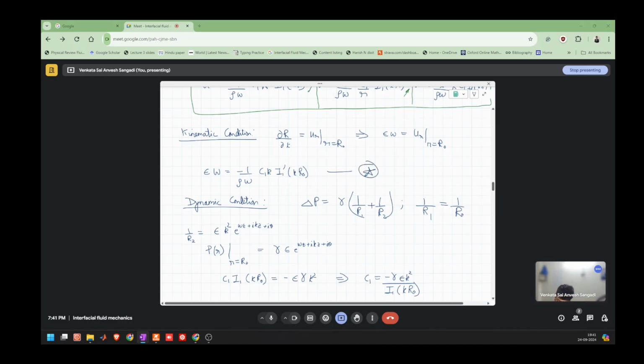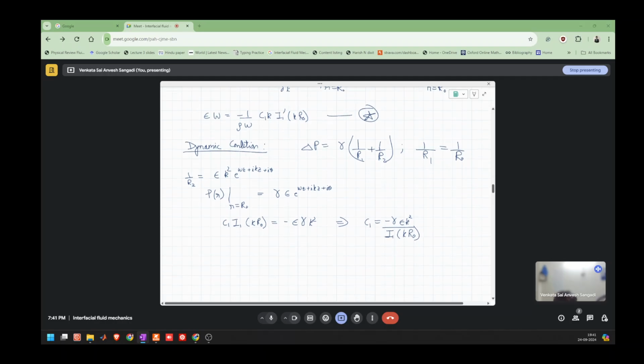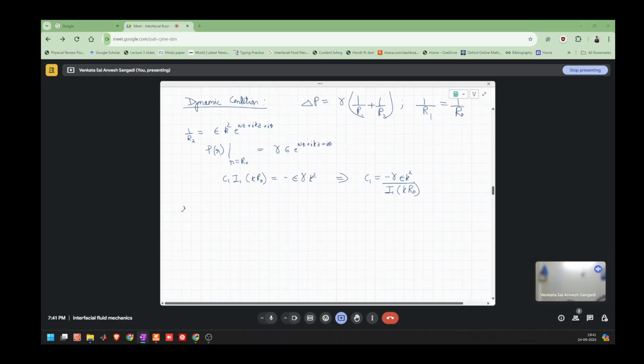We mark this kinematic condition equation as star and substitute the C1 value into the star equation.